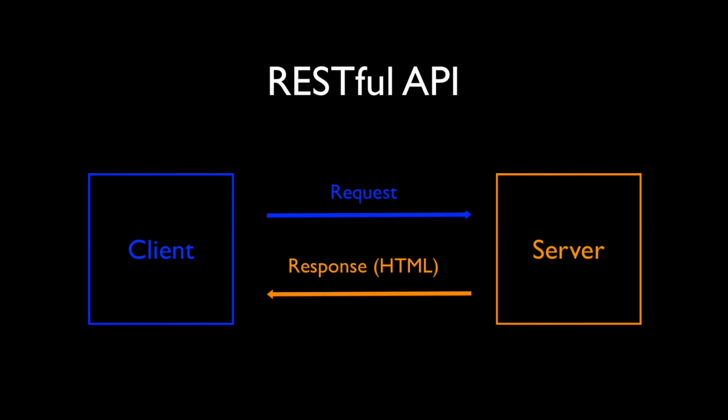Then we send a request to some URL, we receive a response. And for an ordinary web page, for different URLs, we receive different web pages with some HTML. For example, we have a main page, a catalog, a product page, and so on. This is how traditional web pages work.